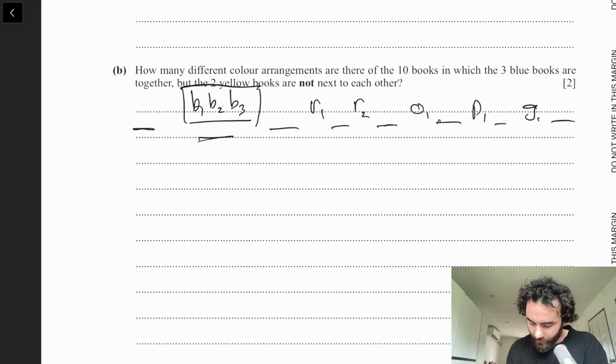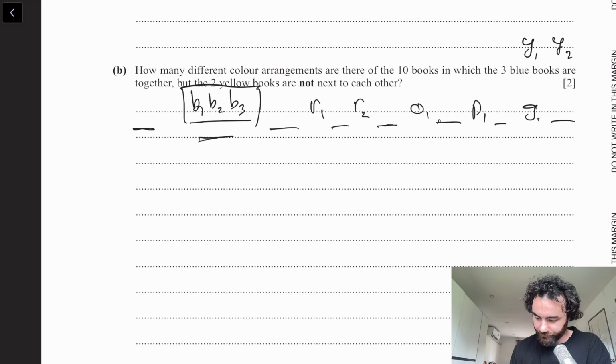Okay, so how many ways can we put these 2 yellow books which can't be together? I've got a video on this. How many options do we have for the first? If you put the yellow one here, and the yellow 2 here, the arrangement would be yellow 1, these blues, yellow 2, red, orange, purple, green.